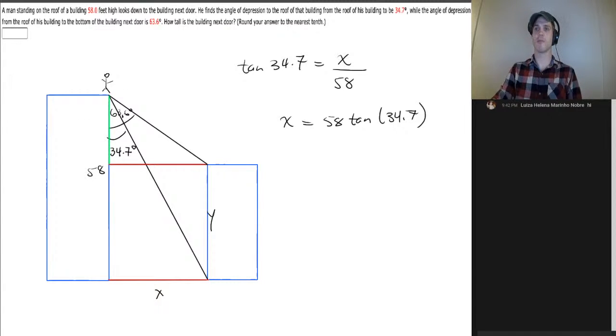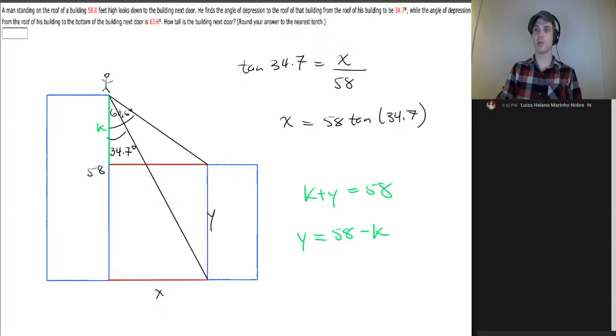Whatever this is, it's k. k plus y, which is the rest of this height, k plus y should be equal to 58. So I'm actually looking for y to answer the problem. So y is equal to 58 minus k. So I need to find k.